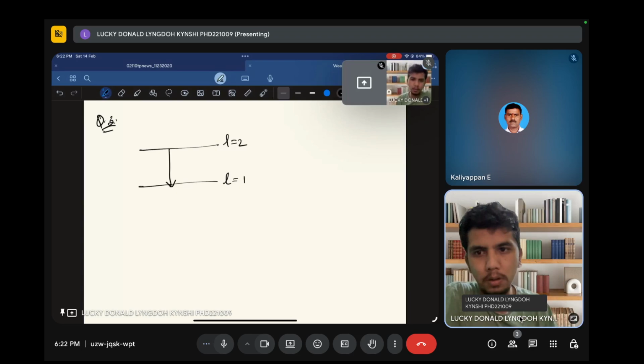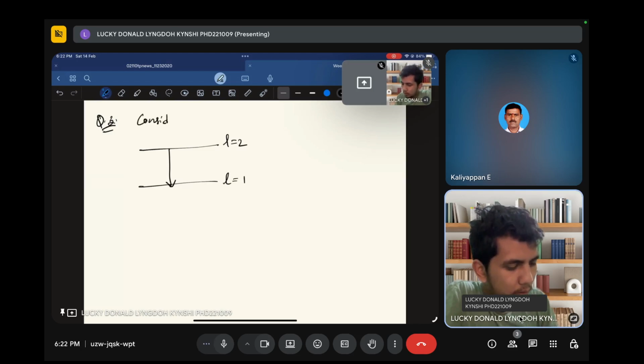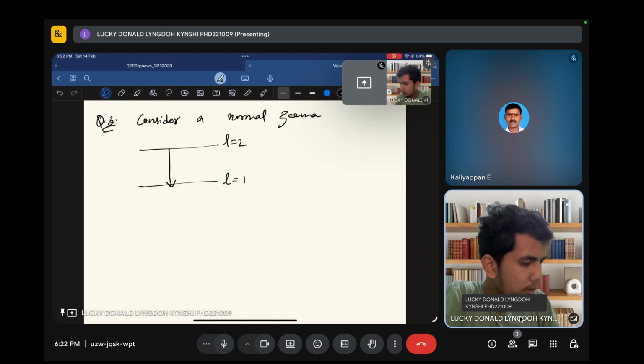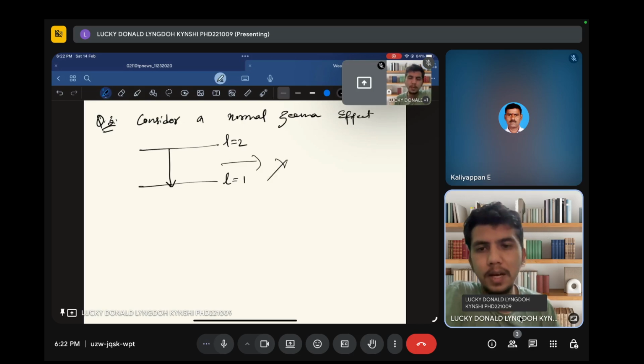But since the question says to consider a normal Zeeman effect, this single line would be completely wrong, because it is a transition without the magnetic field.